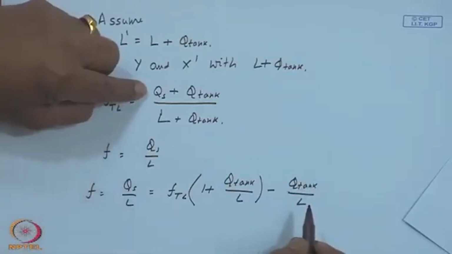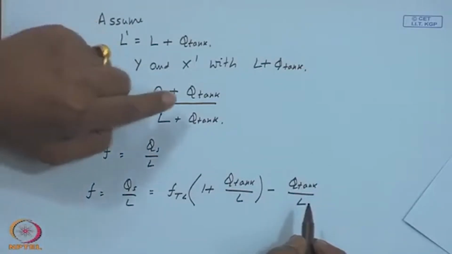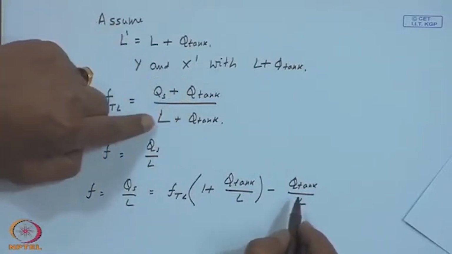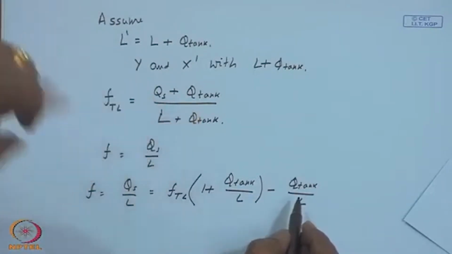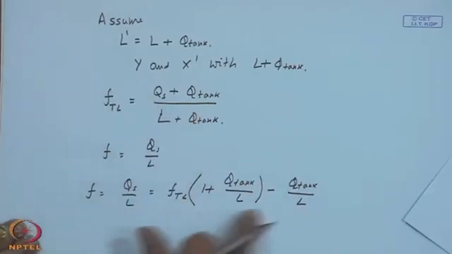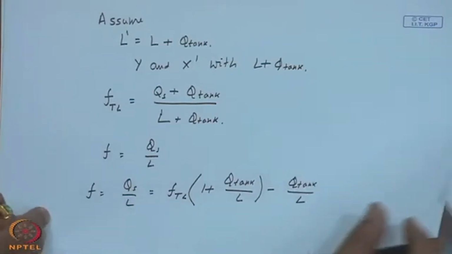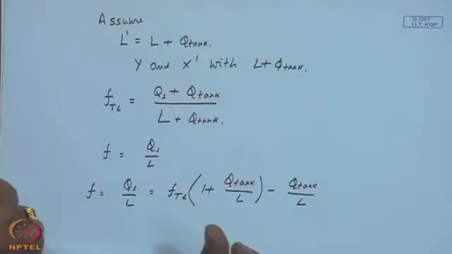Qs by L will be F, then Q tank by L will be there, which is over here, and L by L is 1 plus Q tank by L. So, that goes on to FTL minus Q tank by L. So, this is nothing but you respect the tank losses, you fully meet that, then the remaining amount of energy goes to meet the load.